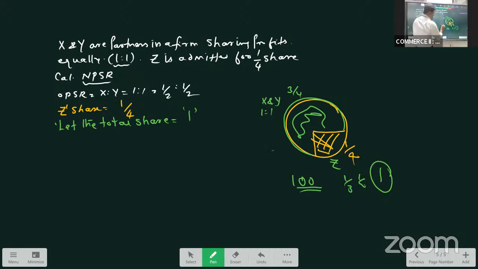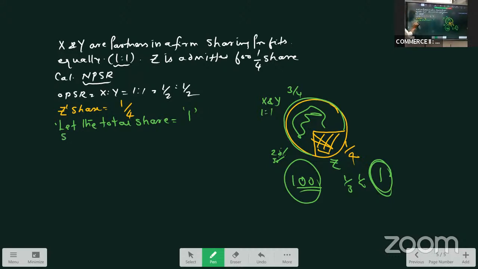If we are talking about percentages, like 20%, 30%, then the total would be 100. And if you are talking about proportion, the total would be 1. The total amount to be divided would be 1. So I'm taking the total share as 1.